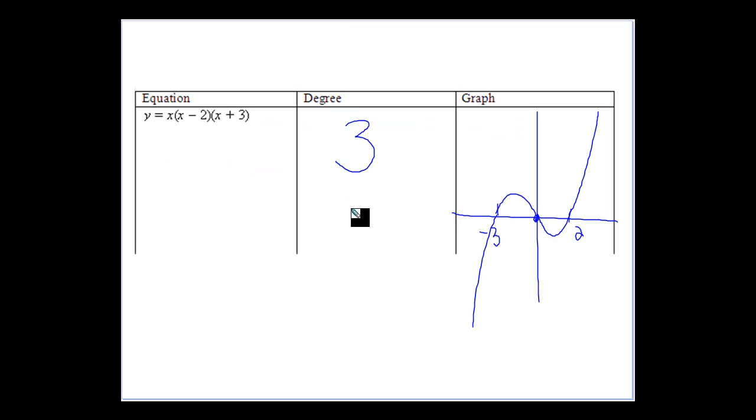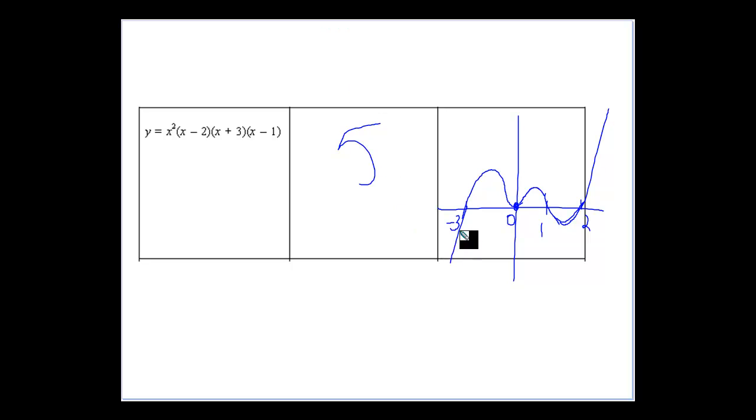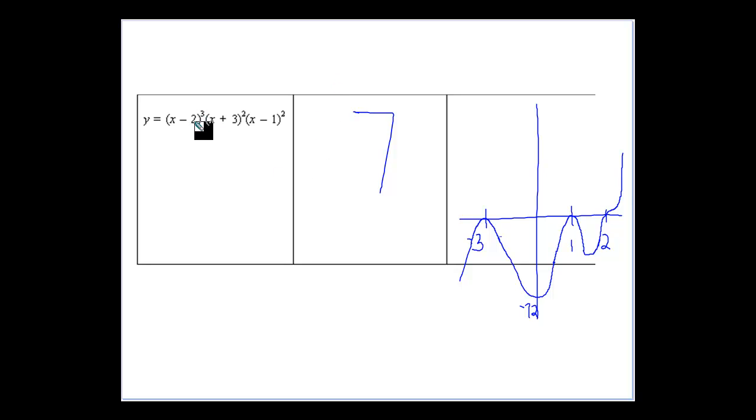When the functions start to have odd degrees, what do we start to notice? Well, we've seen our polynomials like that, degree 3 looking like that, degree 5. So this function here will go through -3, 0, 1, 2, and we have the double root at 0. And if it's degree 7, so we've got (x minus 2) all cubed, that's actually going to have a horizontal point of inflection, a double root at 1 and a double root at -3.